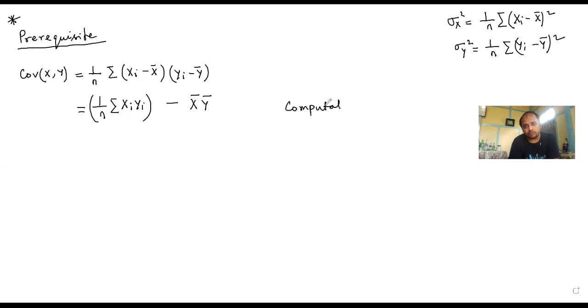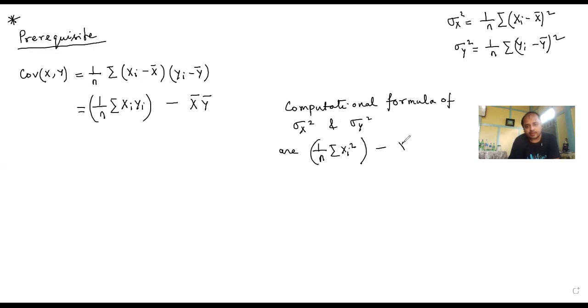The computational formulas of sigma x square and sigma y square are 1 by n summation xi square minus x bar square and 1 by n summation yi square minus y bar square. We have already known this.